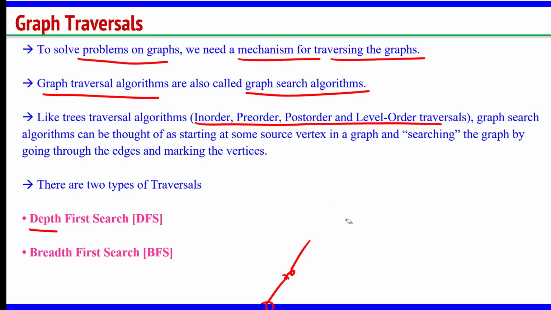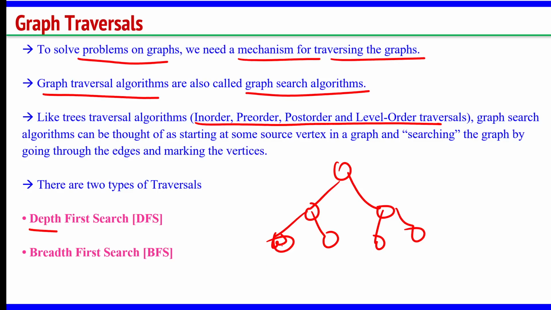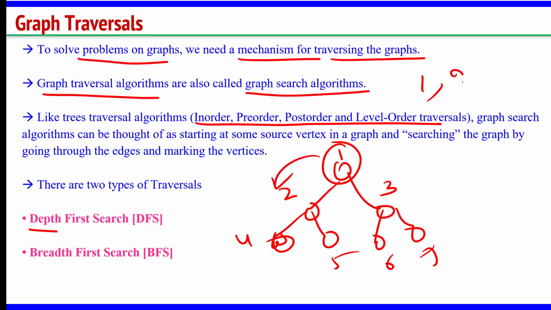That is about the DFS algorithm, depth first, meaning you are going to the leftmost depth, then slowly coming up, going right, like this. If I take this example, first let us give numbering 1, 2, 3, 4, 5, 6, 7. First visit 1, then go to its depth 2, then go to its depth 4.